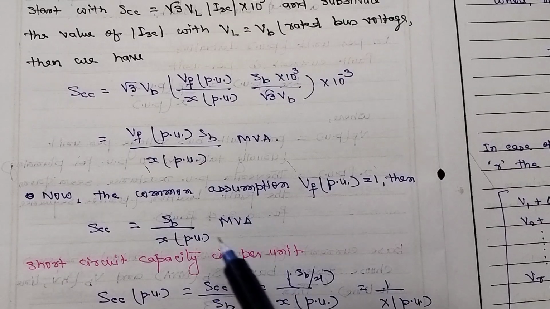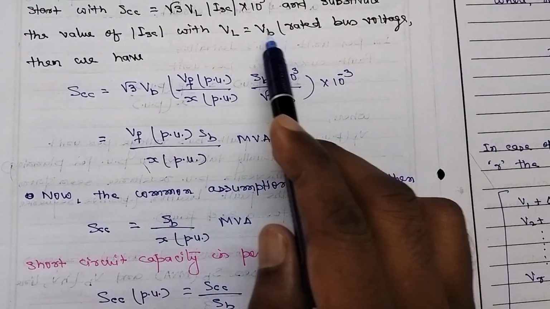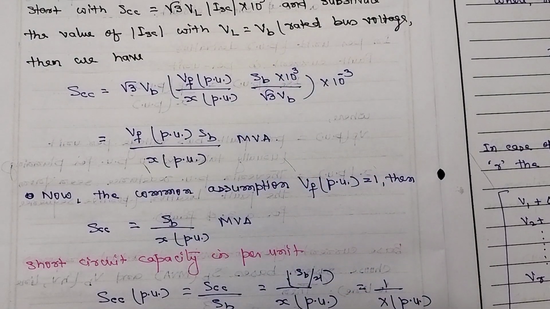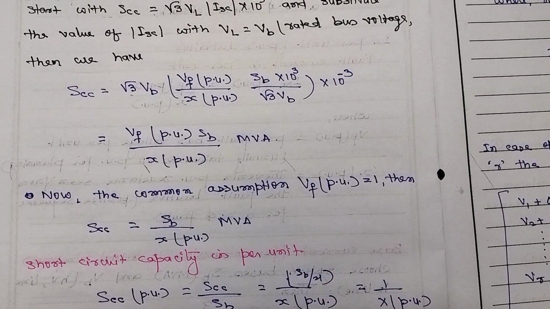So using VL equal to VB at the faulted bus and substituting the current in per unit, the short circuit MVA becomes VF per unit into SB divided by X per unit.